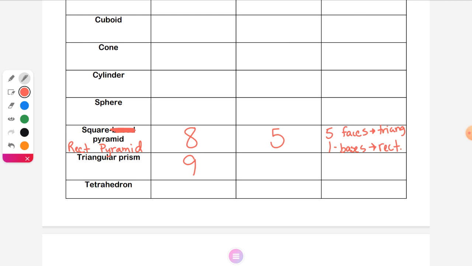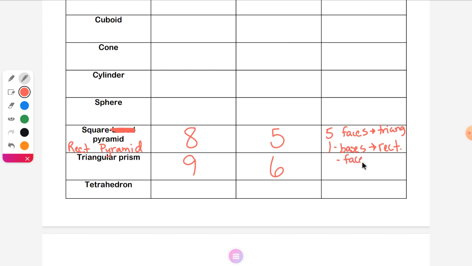Nope. Triangular prism. 1. Paxton? 10. Dom? 6. 3 on each triangle. Those are the only points.